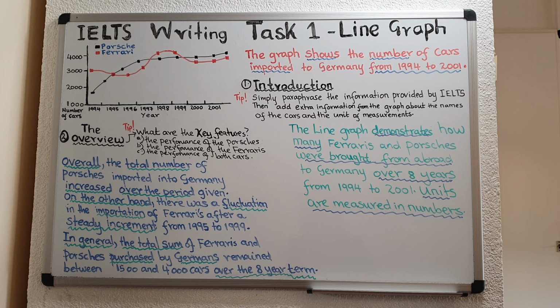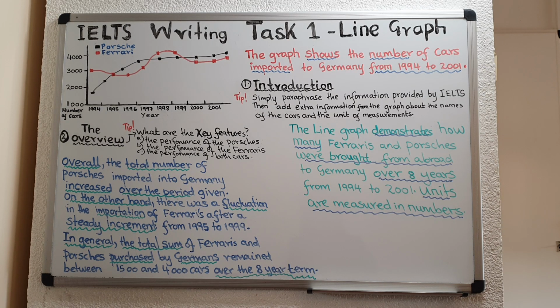Now, in this case, we have 3 key features. A, the performance of the Porsches. B, the performance of the Ferraris. And C, the performance of both cars in terms of import.